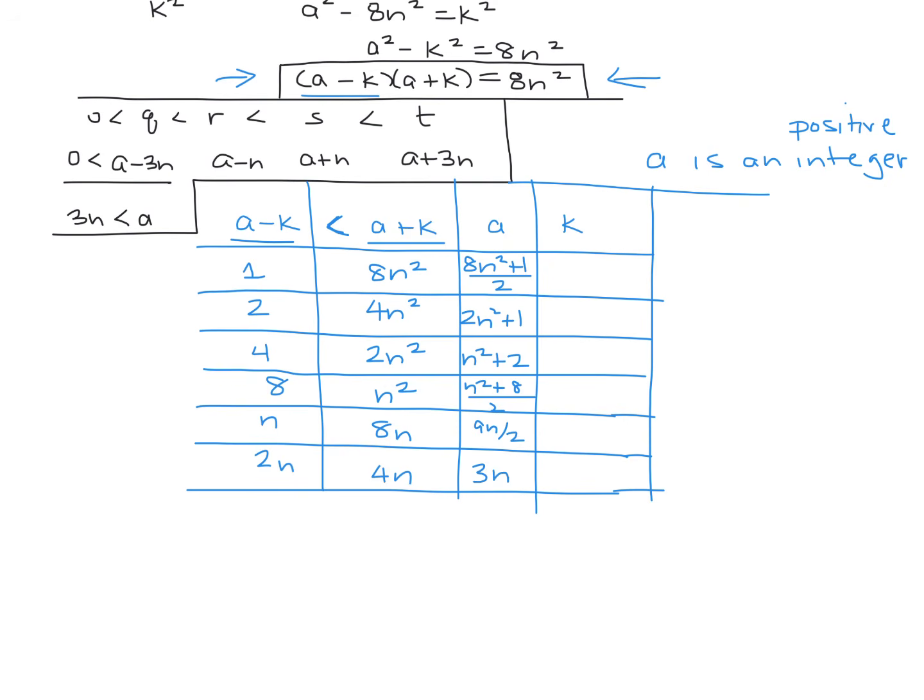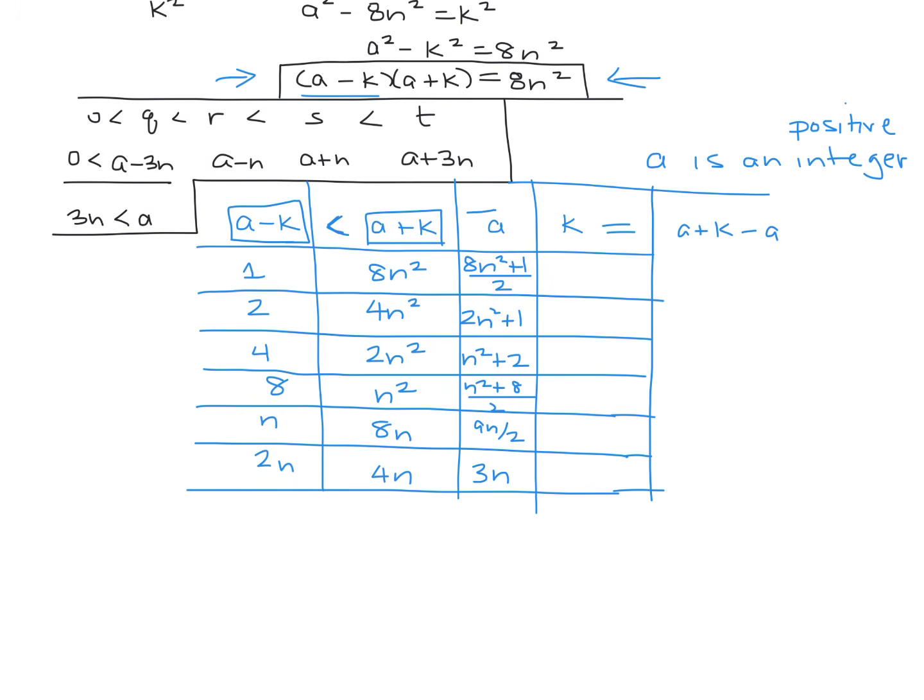We get 3n. And then for the k's, how would you calculate k? You take a plus k and then subtract a.